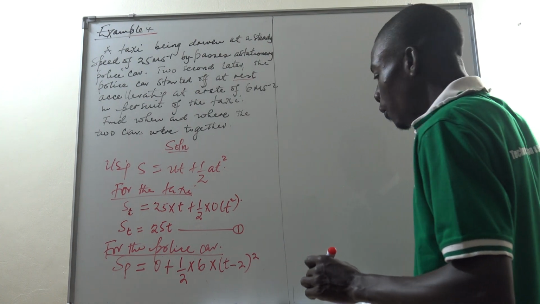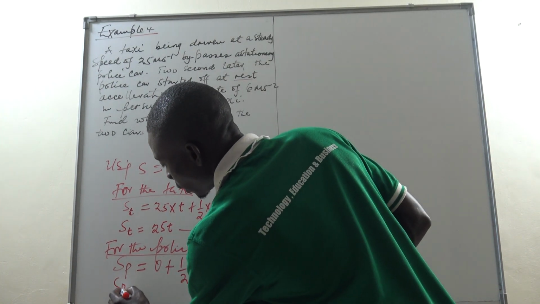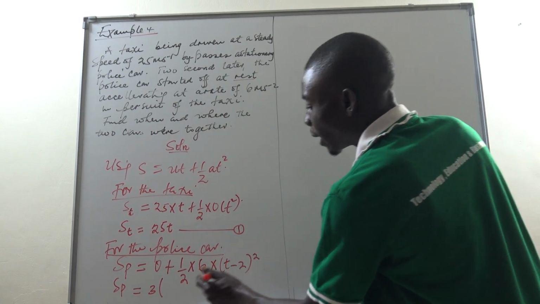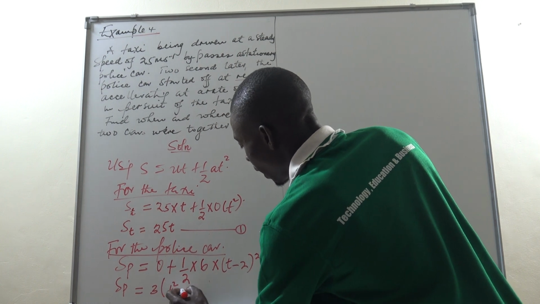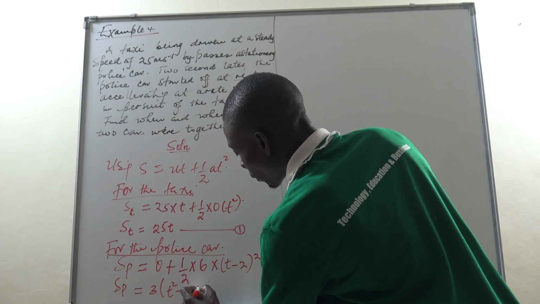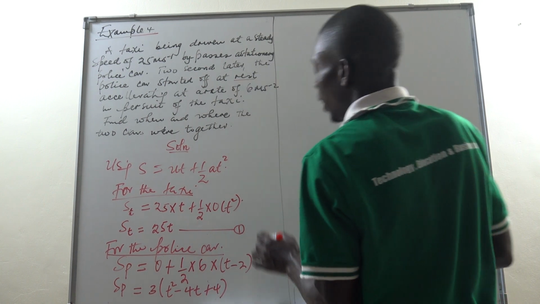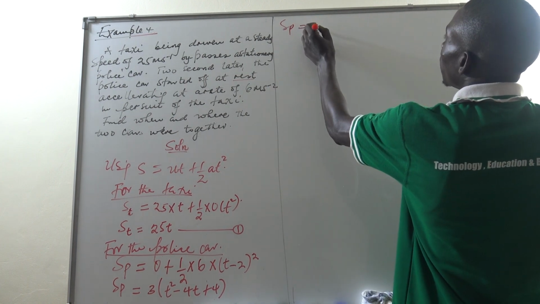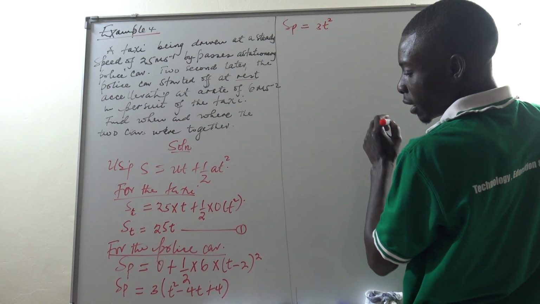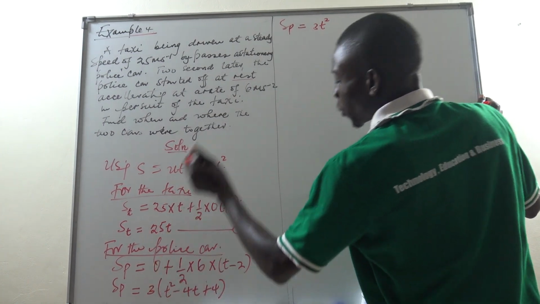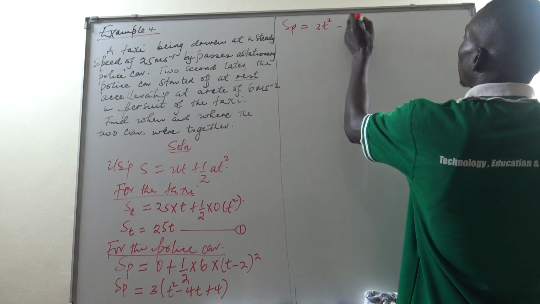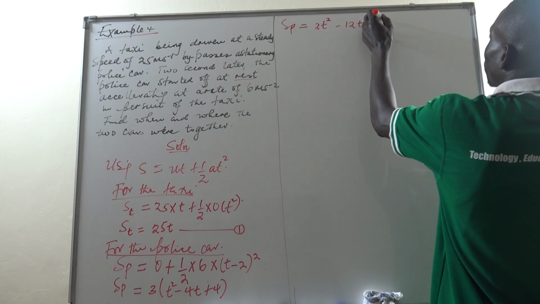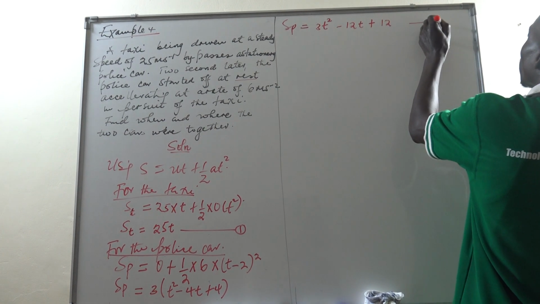We can now simplify this and say SP equals 3 times t squared minus 4t plus 4. Then your SP, the distance of the police car, will be equal to 3t squared minus 12t plus 12 as well. I'll call this one equation 2.